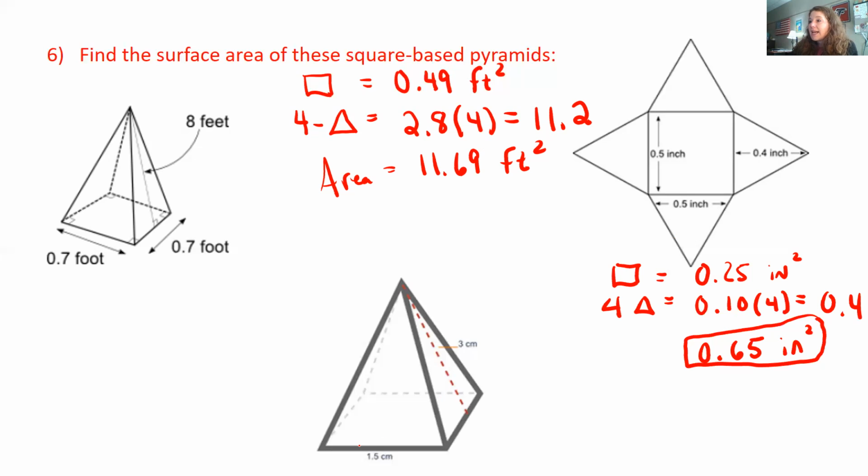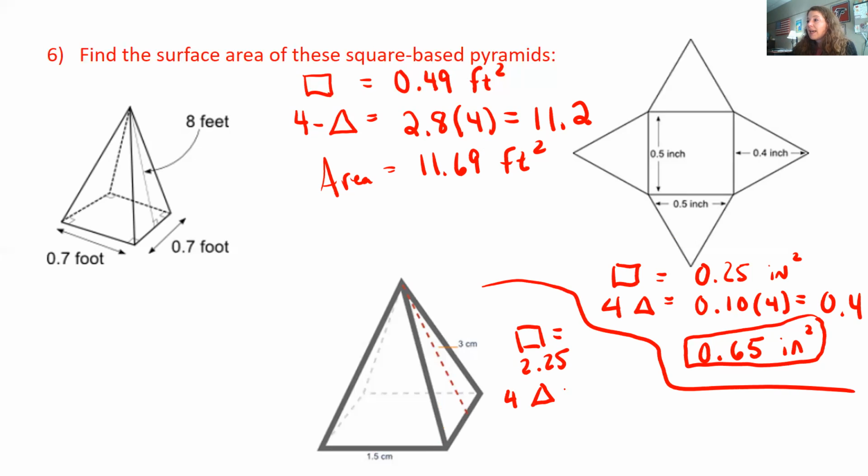All right, and then the last one. Our square at the bottom is 1.5 by 1.5. So we're going to multiply 1.5 times itself. So we get 2.25. And then we have 4 triangles. The height of these triangles is 3, and the base is 1.5.